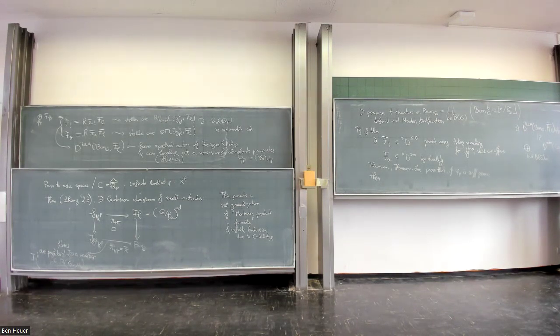The sheaf is as simple as you could possibly hope. First of all, it's only supported on the so-called unramified elements of B(G). And then you might expect to have a semi-orthogonal decomposition or something like this, but in fact, it's really just a direct sum.